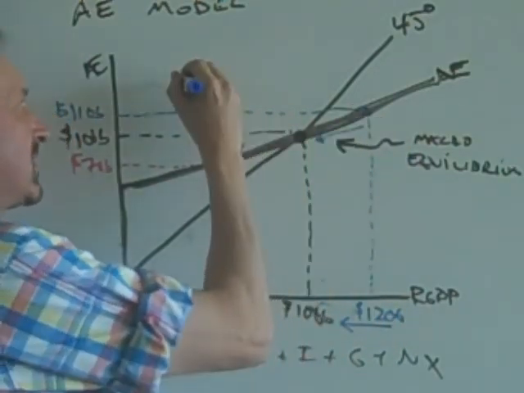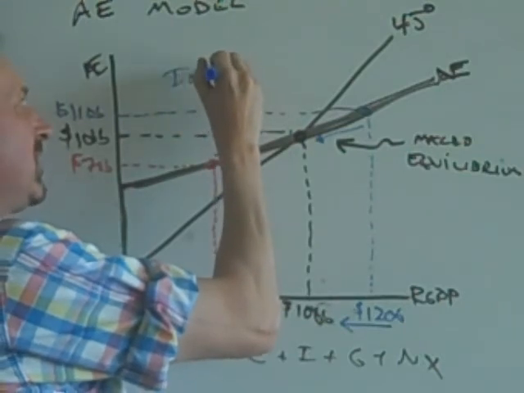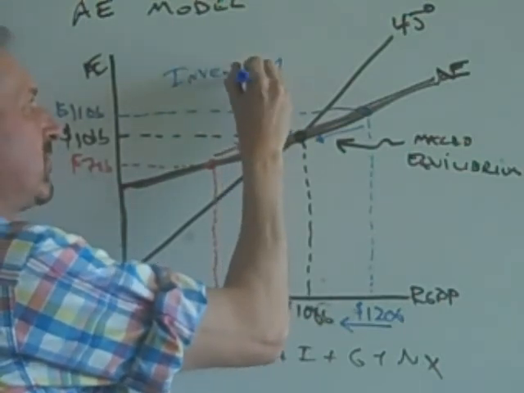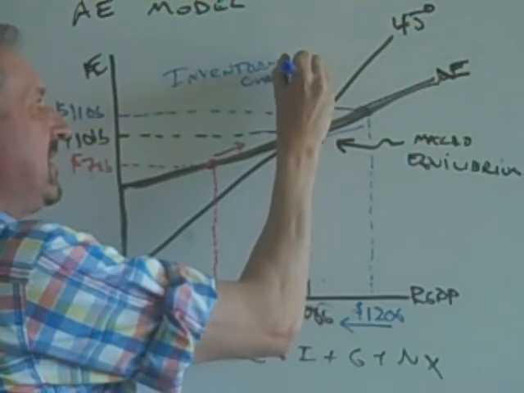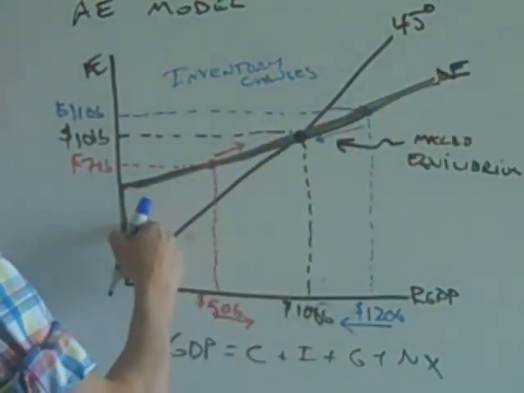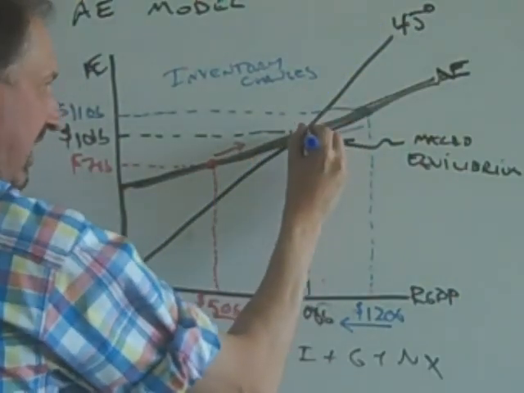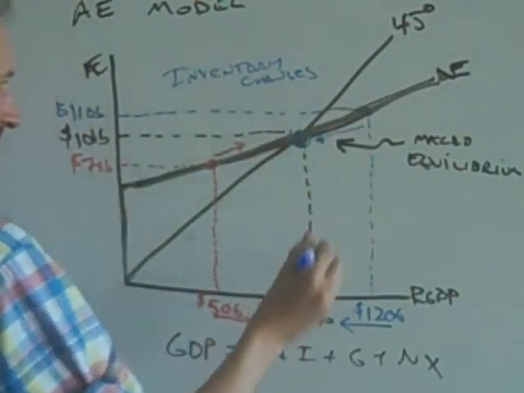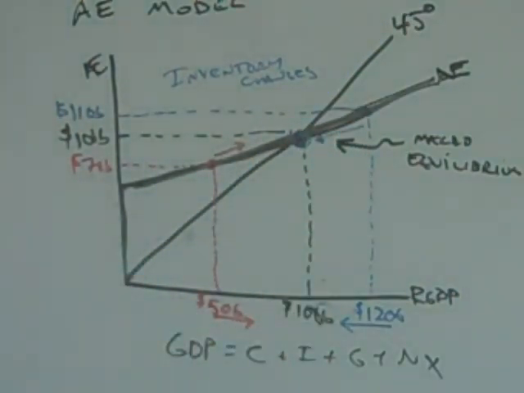So what we get is, because of inventory changes, we get this idea that an economy settles in on this point where the AE curve intersects with the 45-degree line. This point winds up being where an economy will eventually settle in, and you're going to see me use this point a lot when we develop the ISLM model.